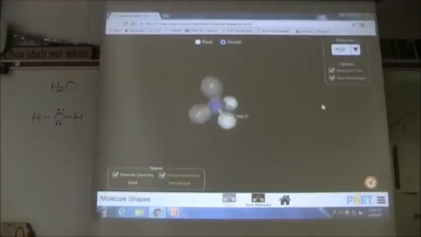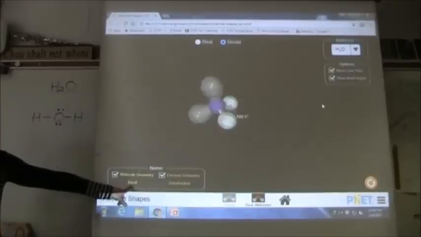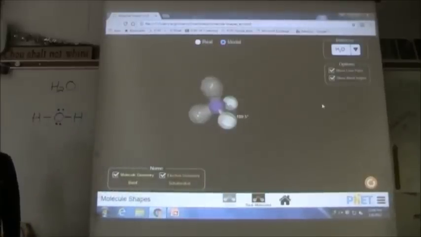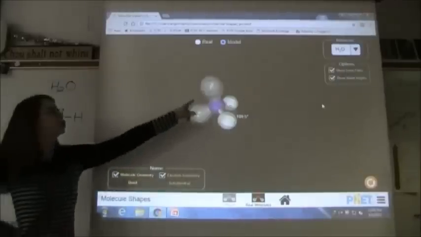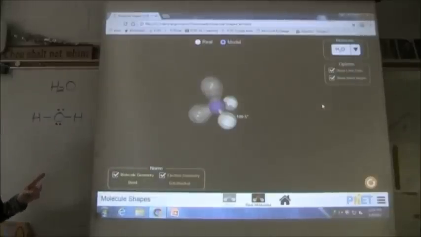Ladies and gentlemen, that is also called bent. What makes this bent different from the other one? There are 2 lone pairs on this one. The other bent only had 1.